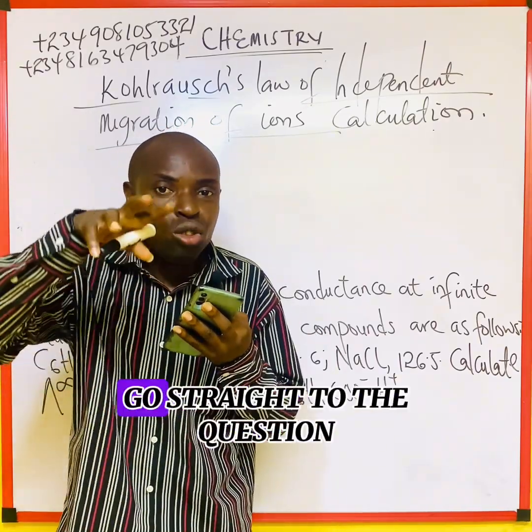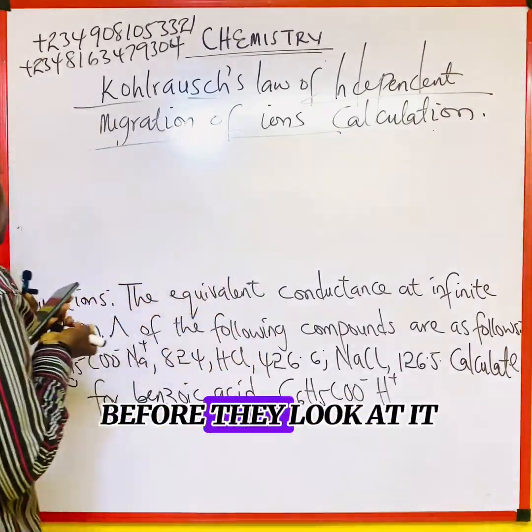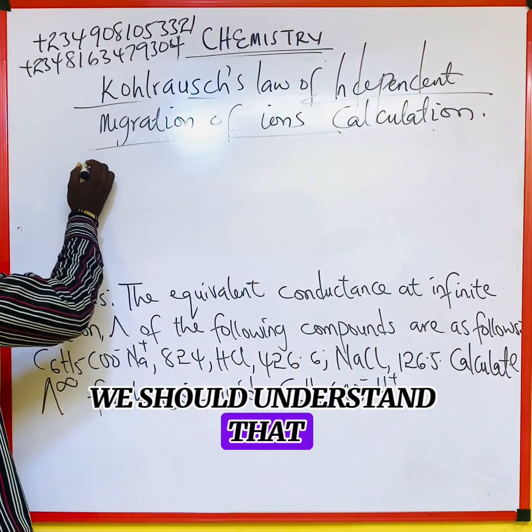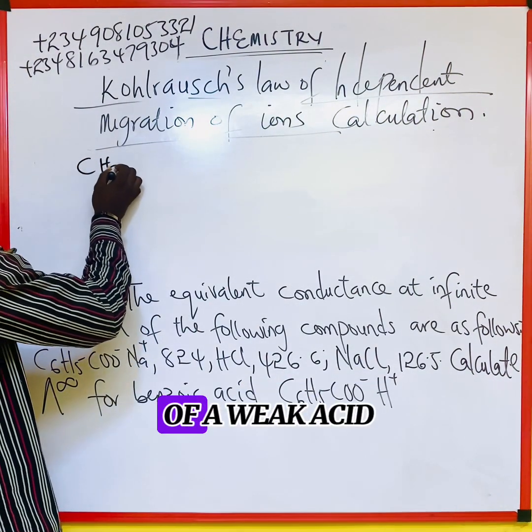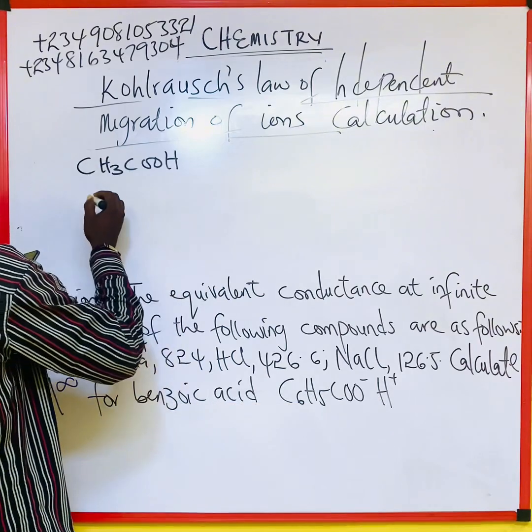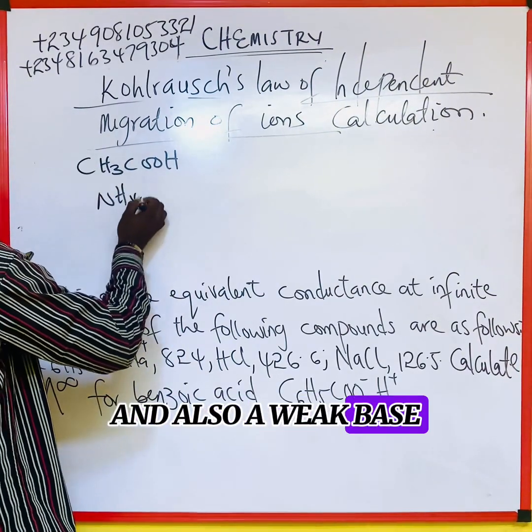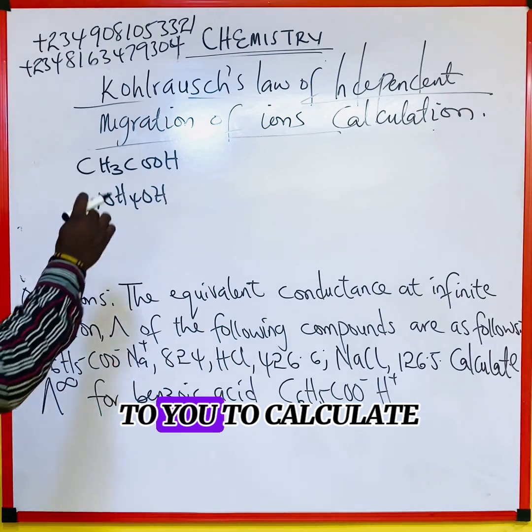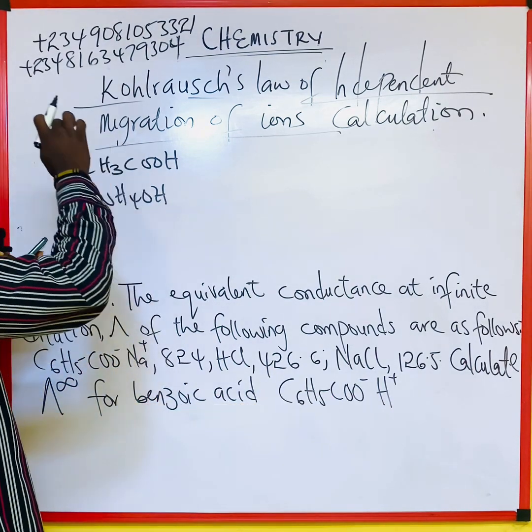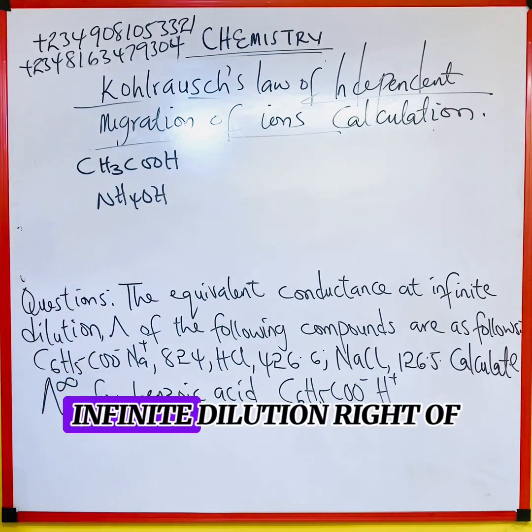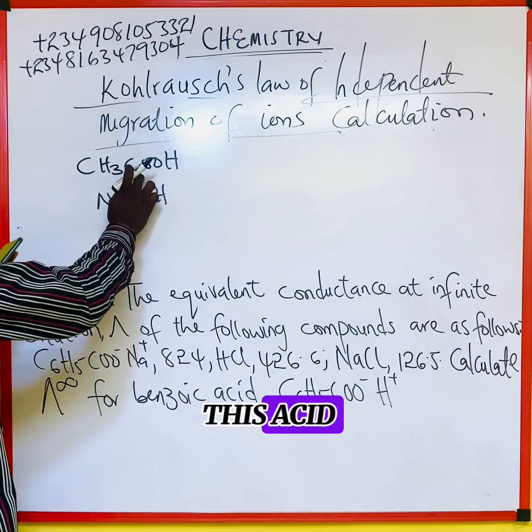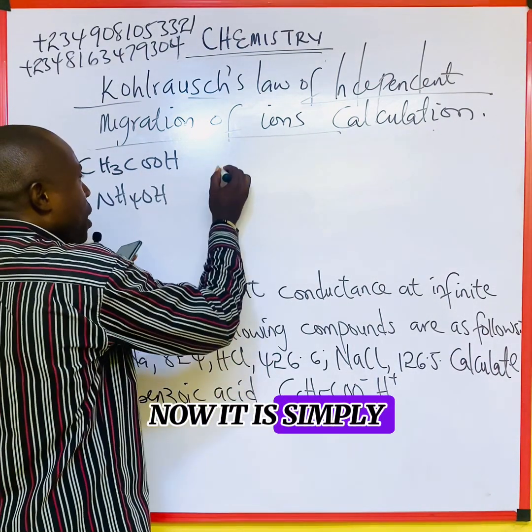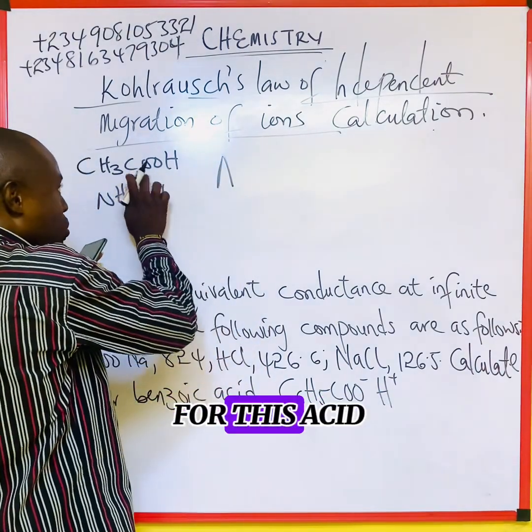I just want to go straight to the question to start solving. If we make it of a weak acid and also a weak base, and the parameters given to you are to calculate the infinite dilution of this acid, it is simply just follow the pattern for this acid.